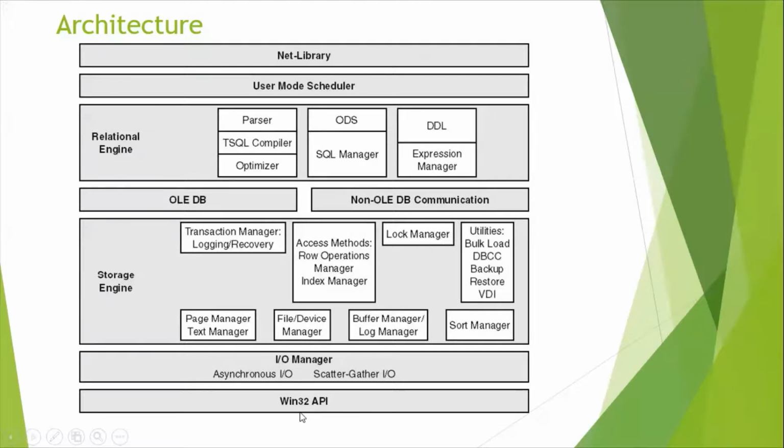An application program interface is a kind of code that the Windows operating system developers have developed, and that is integrated with the applications. Any application we run on the Windows operating system will fall under this Windows 32 API.